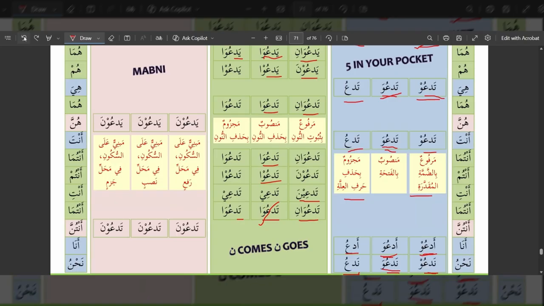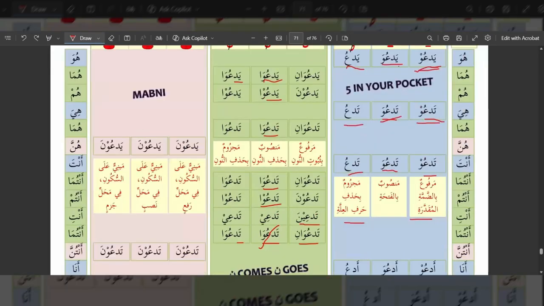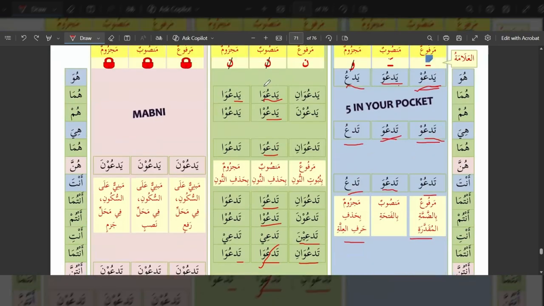Then we have the mansoob and the majzoom form. For both of them, the sign of mansoob and majzoom is shown with the omission of the noon. As we can see, there is no noon in here. So the mansoobum bihadafin noon or majzoomun bihadafin noon. That is, the mansoob or the majzoom form is shown with the omission of the noon.